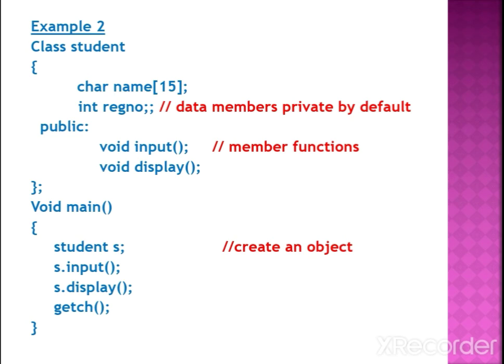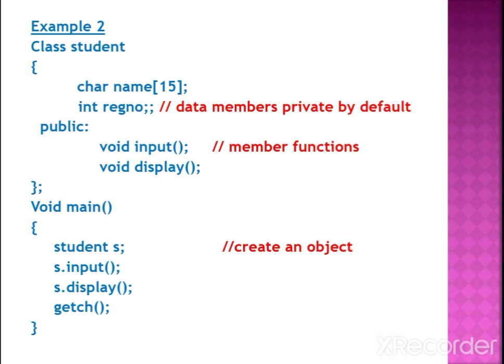Class student program. This is a small program segment. Here class is a keyword, student is the name of the class. Name and register number, these two are data members declared private by default.